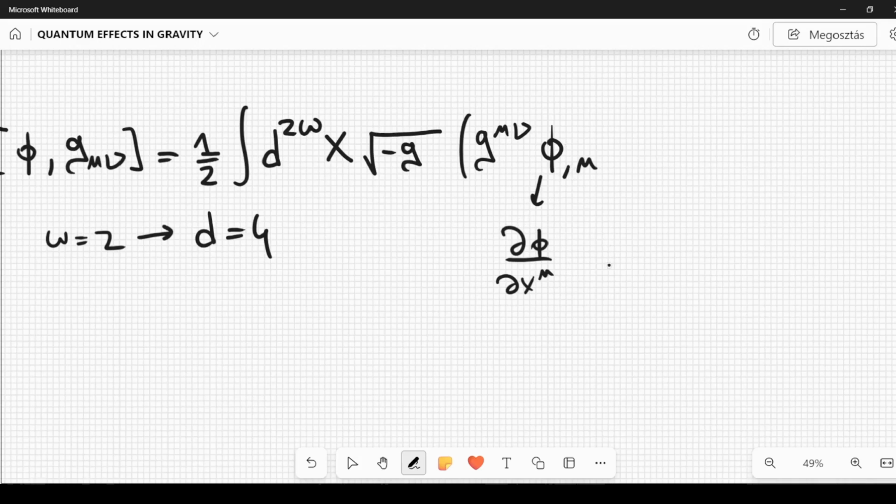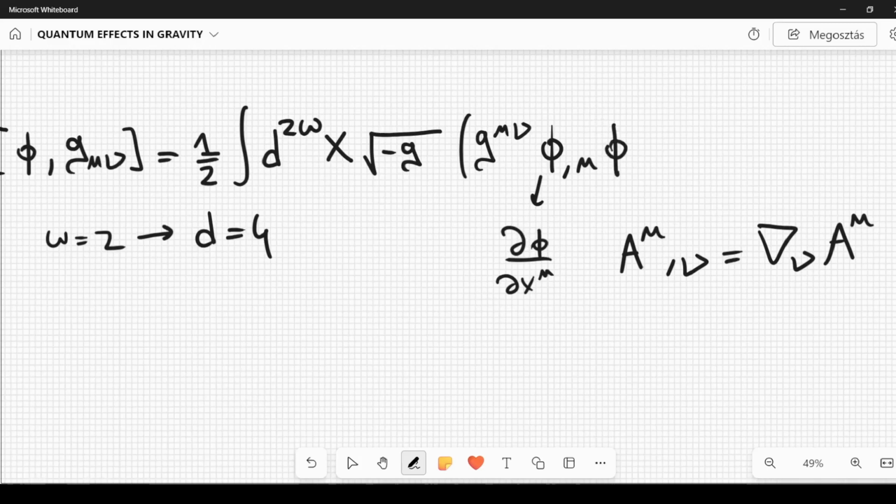But if we had a vector field a mu, for example, where I put a comma and then nu, this means the covariant derivative calculated with the index nu. So the covariant derivative contains the partial derivatives and also the connection.